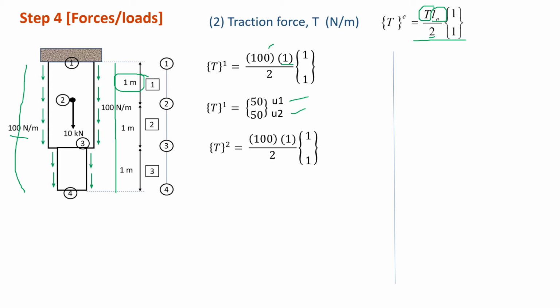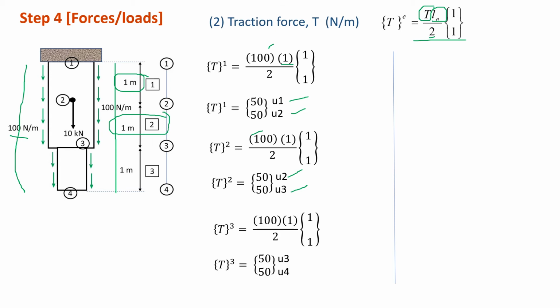Similarly for element 2, the T is still the same, 100. And L for element 2 is still 1 meter. And then we calculate and obtain 50 and 50 for nodes U2 and U3. Remember, element 2 is between U2 and U3.